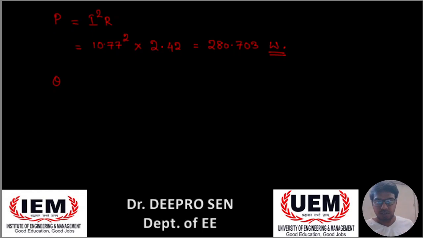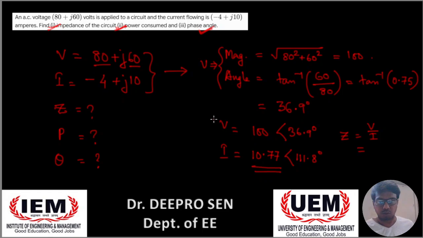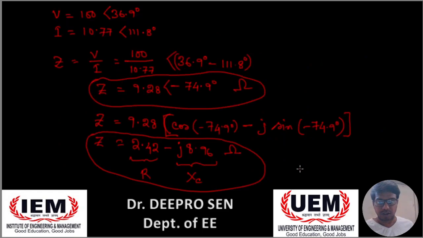It's basically nothing but the difference in the angle between V and I. Since we have already found out the polar forms of V and I, we know that V is at an angle of 36.9 degrees, whereas I is at an angle of 111.8 degrees. If you subtract them, then we have already found out how much it was. It was minus 74.9. Can you see? We had already subtracted that.